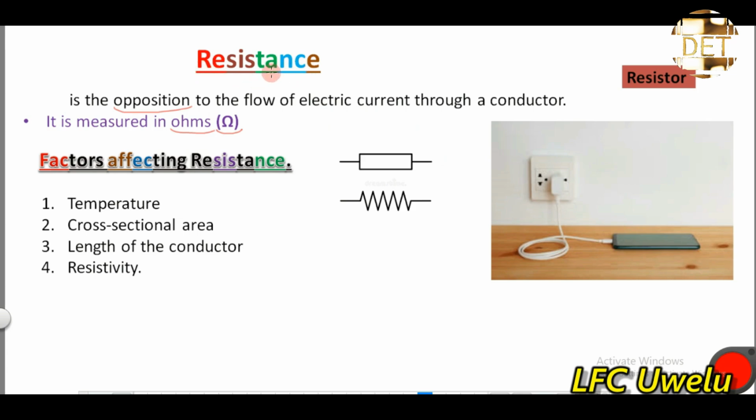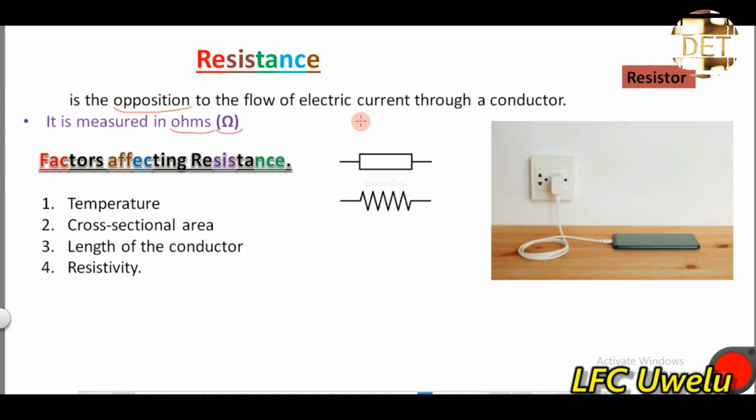It is important in many ways, in the sense that it helps to draw back current, and also it helps to prevent overheating in electric circuits and other appliances, because too much of the supply of current into a circuit can lead to overheating.